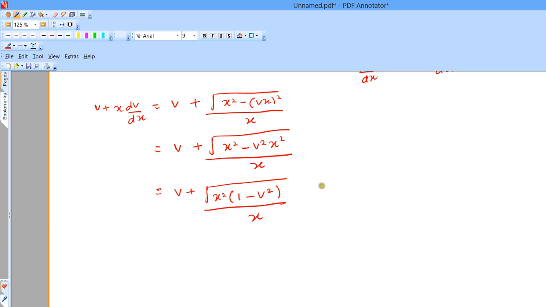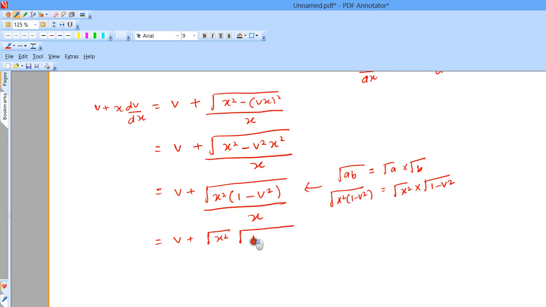As we know, if we have the square root of a times b, we can write it equal to the square root of a times the square root of b. So for this problem, the square root of x squared times (1 minus v squared) equals the square root of x squared times the square root of 1 minus v squared.